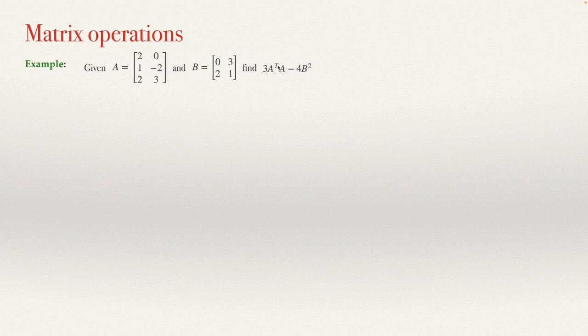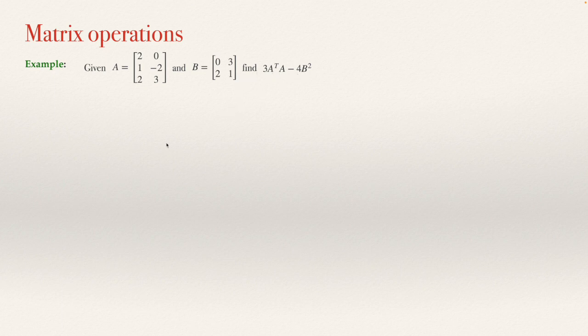Solve first the transpose, it looks like an exponent, and then multiplications later. For this term, first the multiplication: this B squared will be B times B, and multiply by 4 first before making these subtractions.